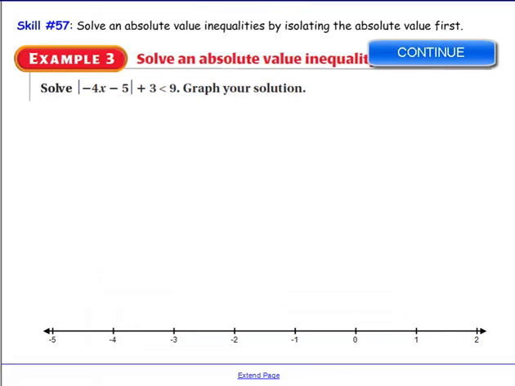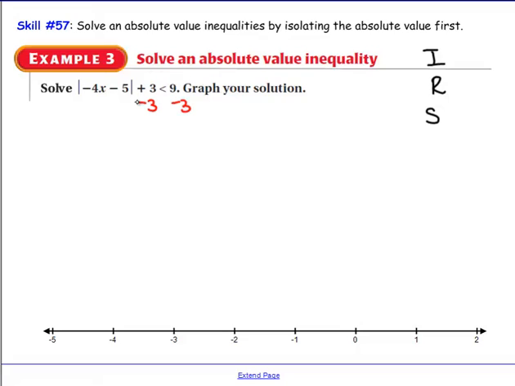Okay, so in example 3, we are going to actually use our IRS to complete all 3 steps. First, we need to isolate the absolute value. There's a plus 3, which means that it's not isolated. We have to get rid of this plus 3 first. So subtract 3 from both sides, and we get absolute value of negative 4x minus 5 less than 6.